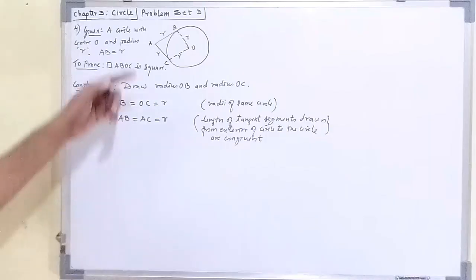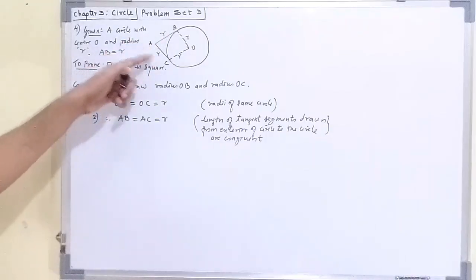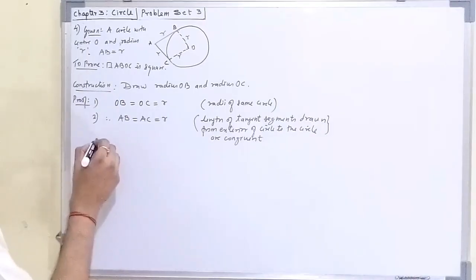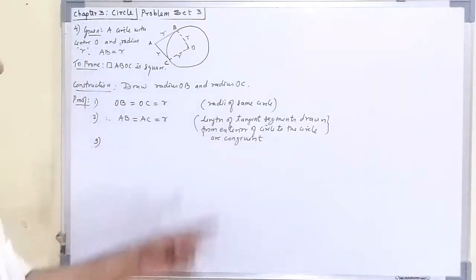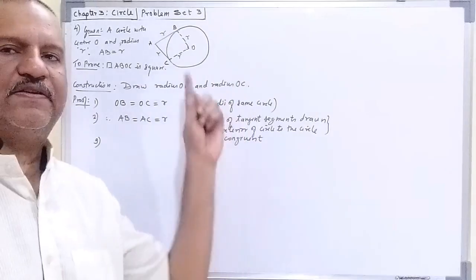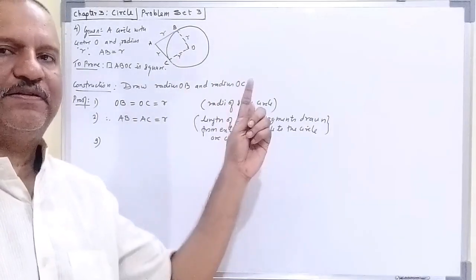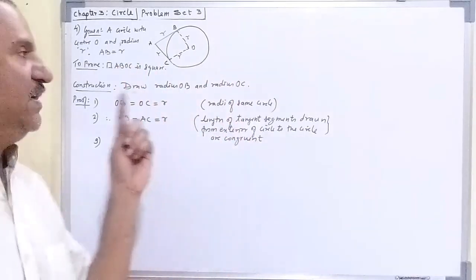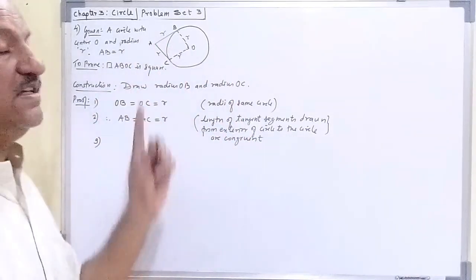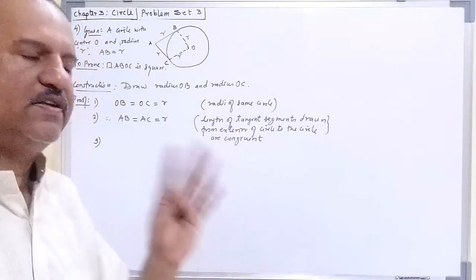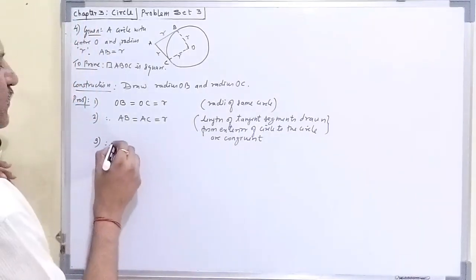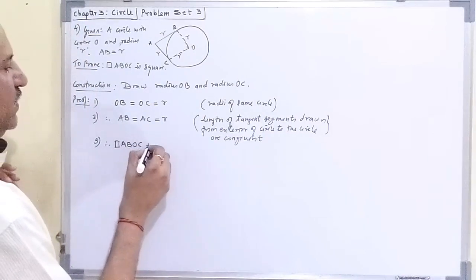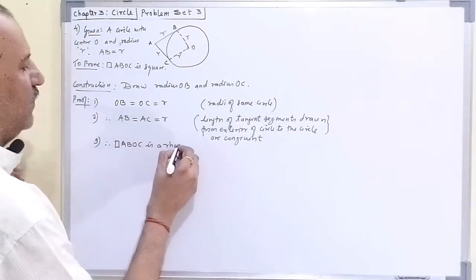Tangent segments drawn from the point in the exterior of circle to the circle are congruent, therefore AB equal to AC. Statement number 3. Since all the sides of this quadrilateral are R, equal, it's a rhombus. Therefore, quadrilateral ABOC is a rhombus.